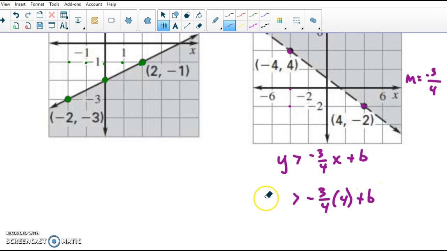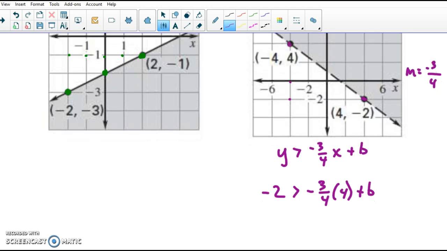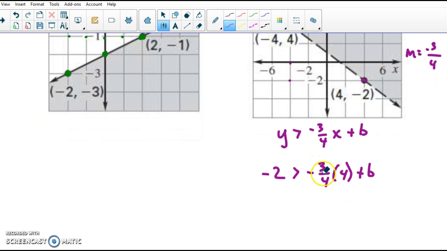And I'm going to put -2 in for y. And now I'm going to solve. So -3/4 times 4, my 4's will cancel. So I'm left with -2 is greater than -3 plus b. And now I'm going to add 3 to both sides.